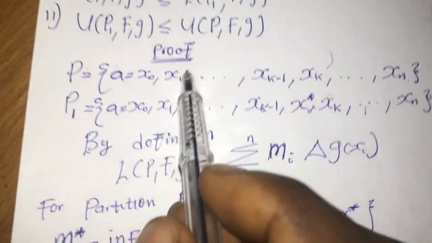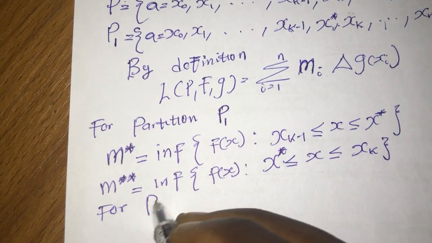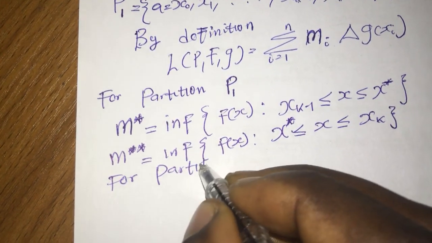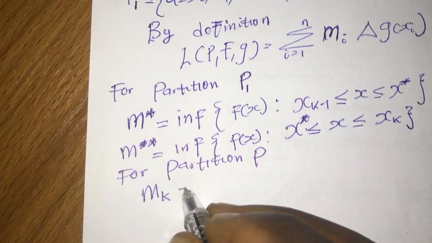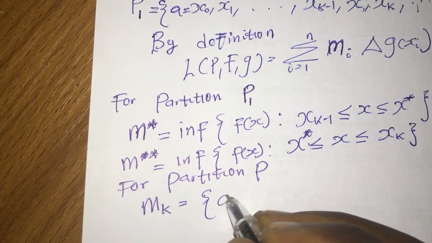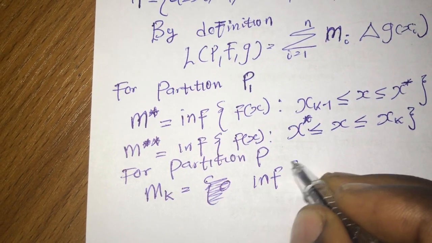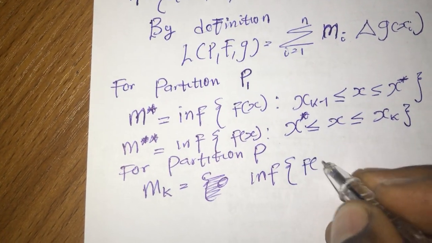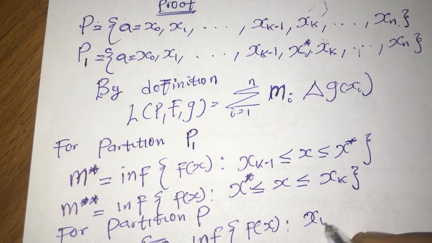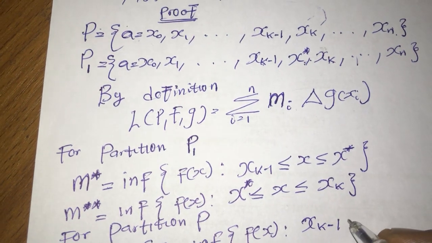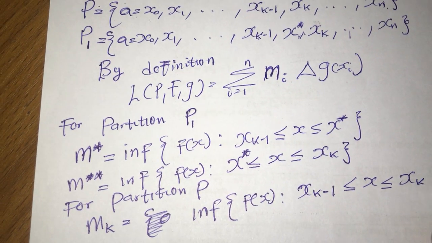Now let's define for this region too, under partition P. For partition P, let's give m_k, which is equal to the infimum of f(x), with s_{k-1} less than or equal to x less than or equal to s_k.